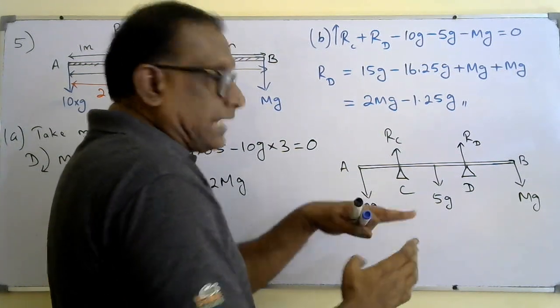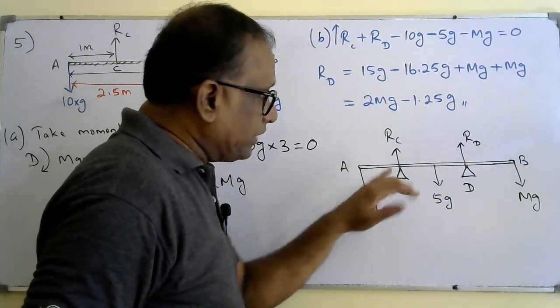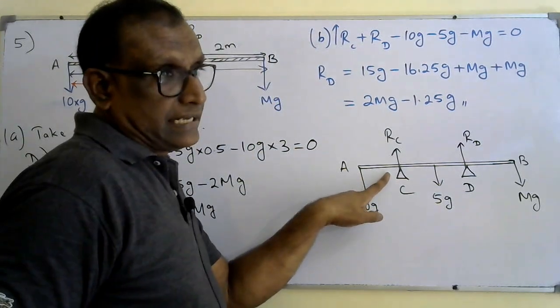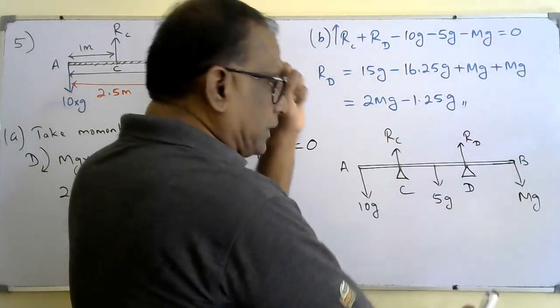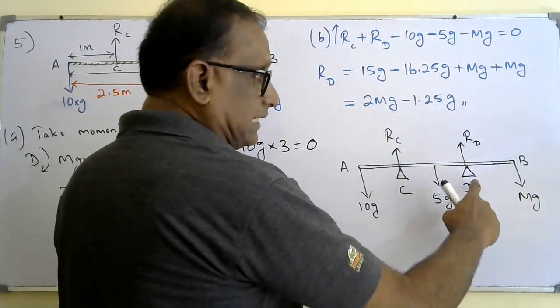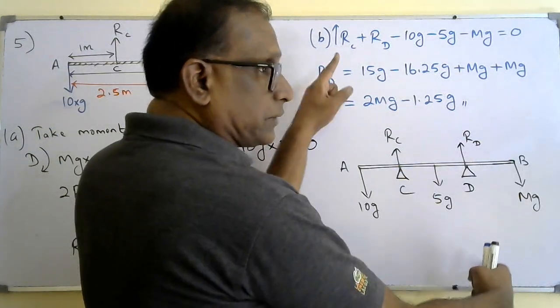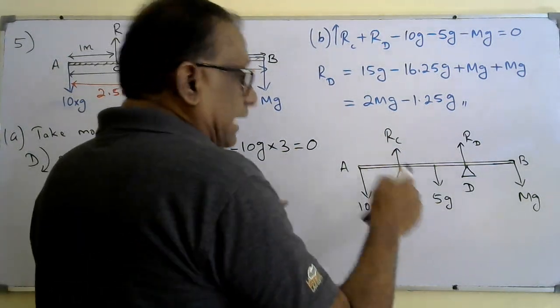So at a particular weight of mg, the rod will slightly tilt and leave the point C. If you apply a little weight more than that, it will topple in clockwise direction about D. It will be in contact at D, but it will topple. But if you want to keep it in equilibrium, that should not happen.